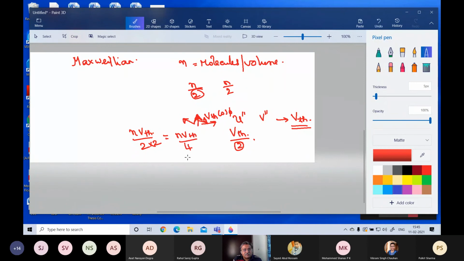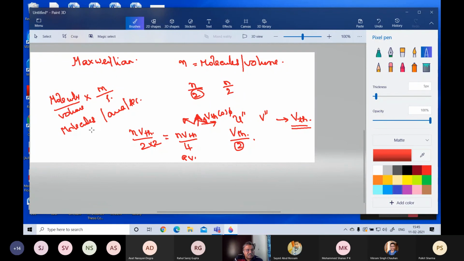This is the average. Here n is the number of molecules per unit volume, and V thermal is in meters per second. So what does this mean? This is the molecules crossing per unit area per second.